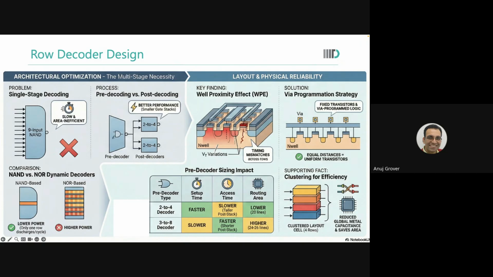So, when we say that there are multiple stages of decoding, what are we saying? That okay, we will do pre-decoding, 2 to 4, 4 to 8, and so on. And after that, it could happen that my post decoder still has to have a 5 input NAND gate.